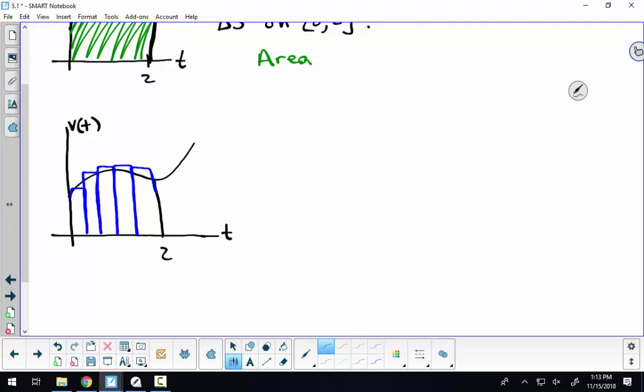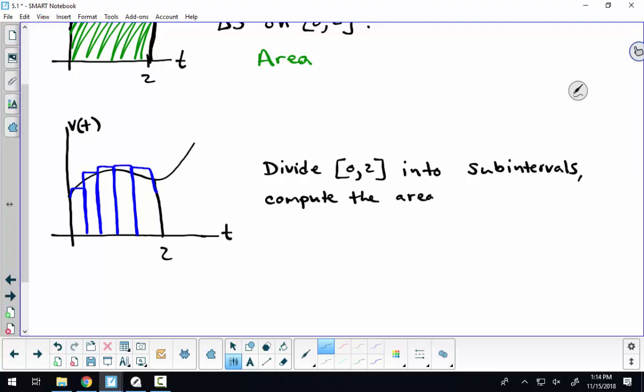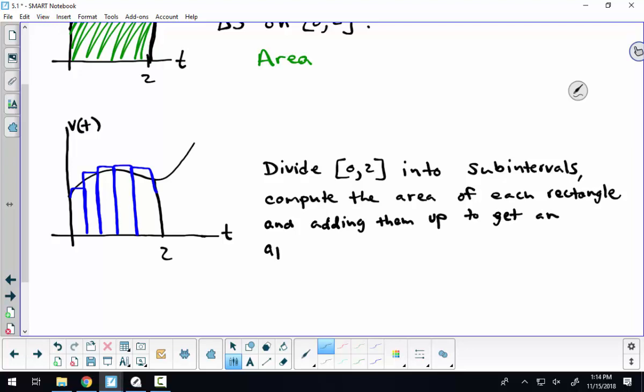So what we're doing here is dividing the interval that we're concerned with, 0 to 2, into subintervals, computing the area of each rectangle and adding those up to get an approximation to the actual area.